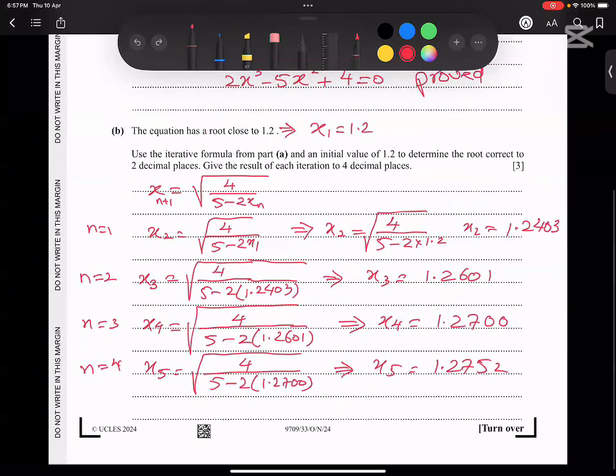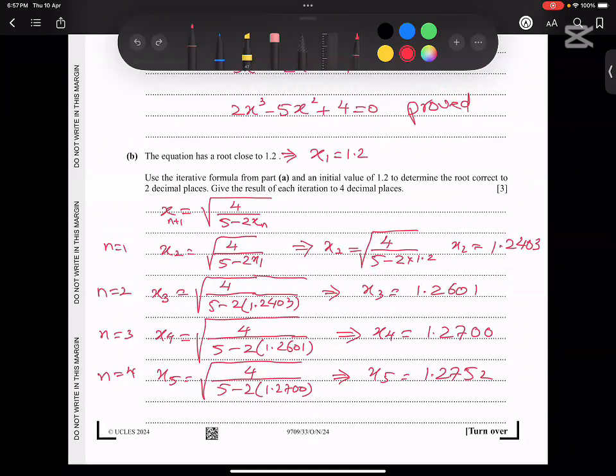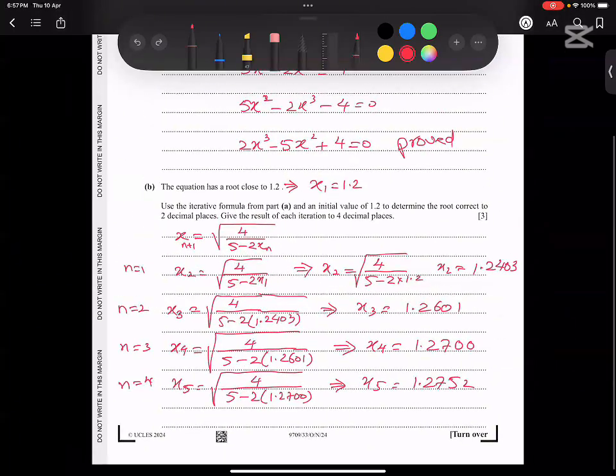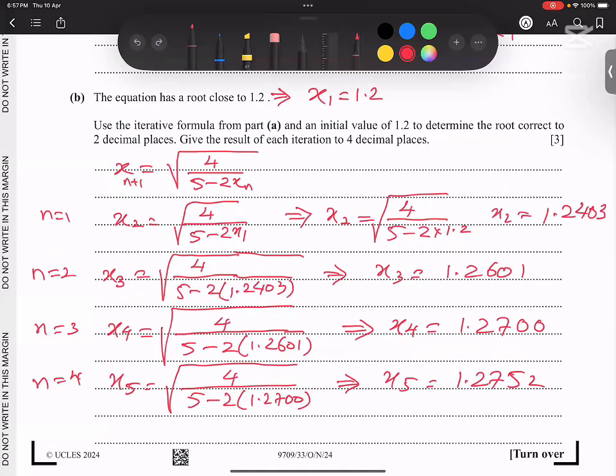So let's see how we can get it. If I try one more, x6 turns out to be the square root of 4 over 5 minus 2 times 1.2752. And the answer, x6, is 1.2778.